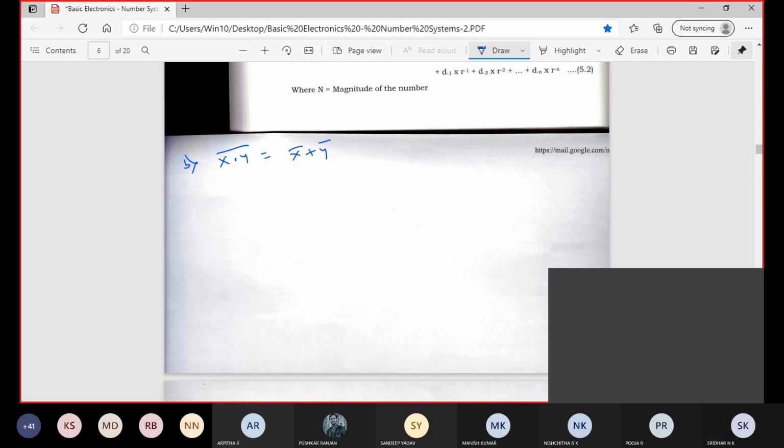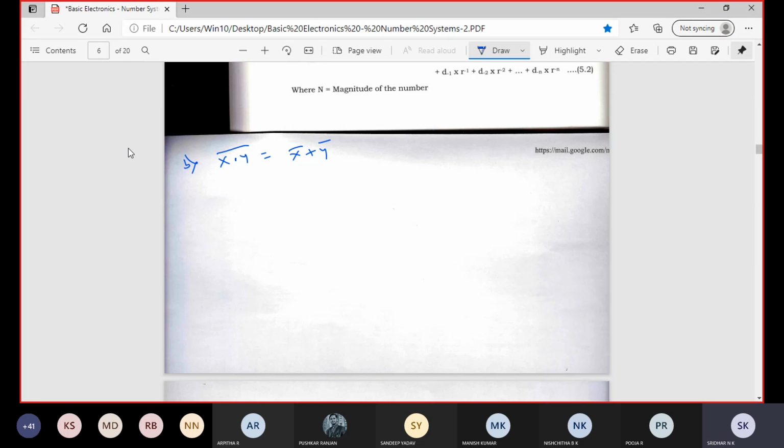So how to prove this? Again, you write down all the possibilities in the truth table. We have 2 variables x and y, and we need to first find x dot y, that is x and y, and then x y bar.